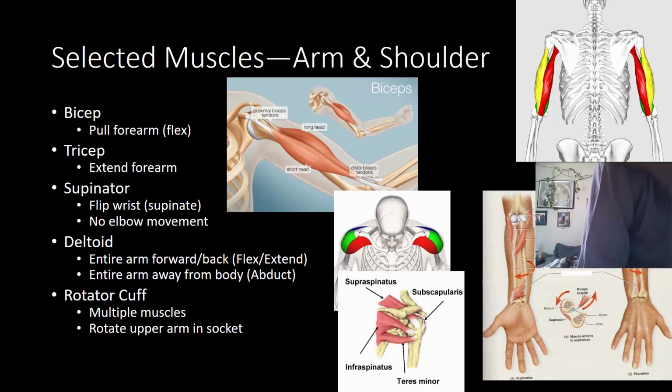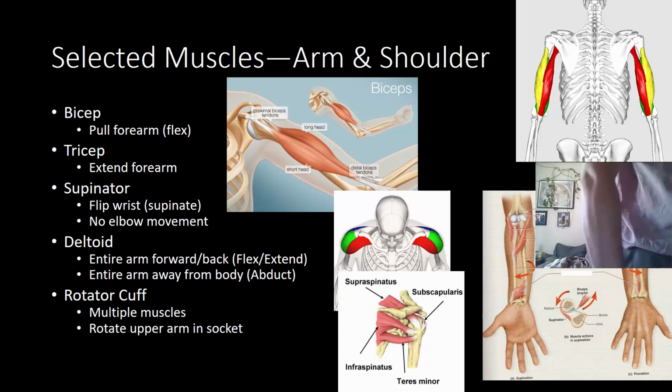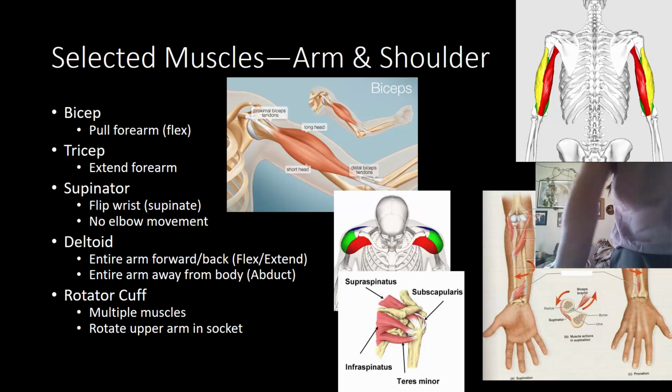Okay, so the key here to know that you're moving your rotator cuff is to watch your elbow. If I'm feeling my humerus, and I rotate my humerus in the socket there, there's no way to move your elbow without rotating like that. I'm not talking about this.